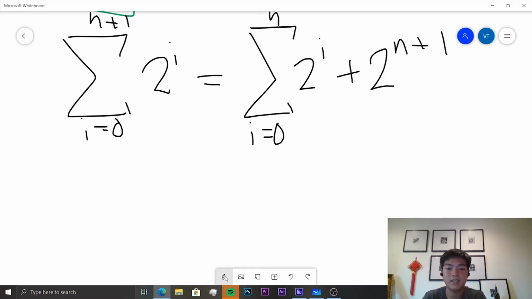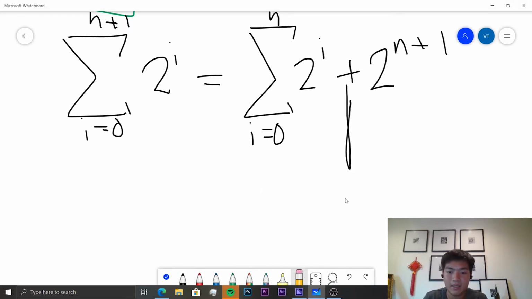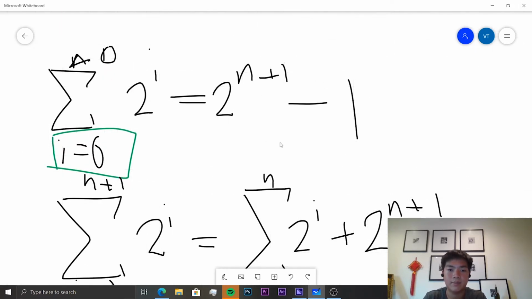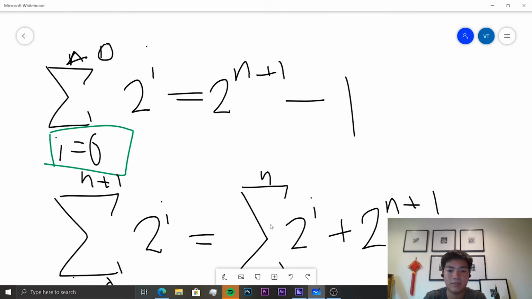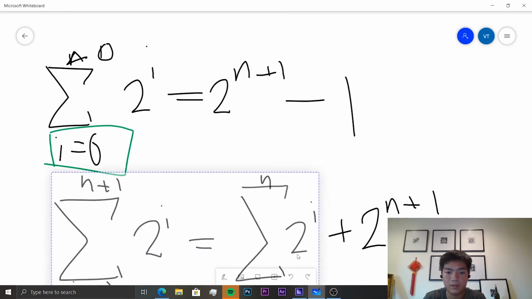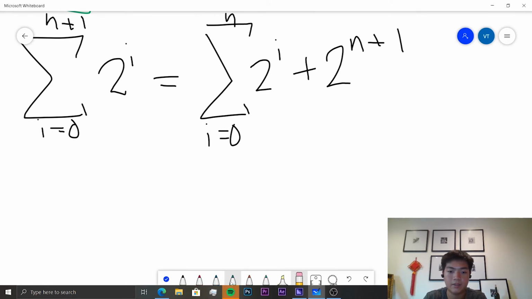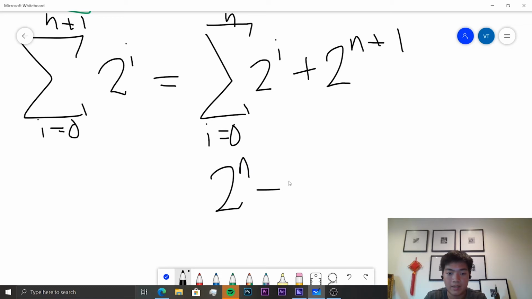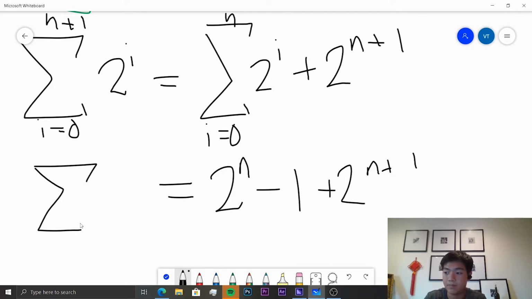Since we are assuming that the statement up here is true, we can substitute it into the place here. And so we have 2 to the n plus 1 minus 1, plus 2 to the n plus 1, is equal to the sum from i equals 0 to n plus 1 of 2 to the i.